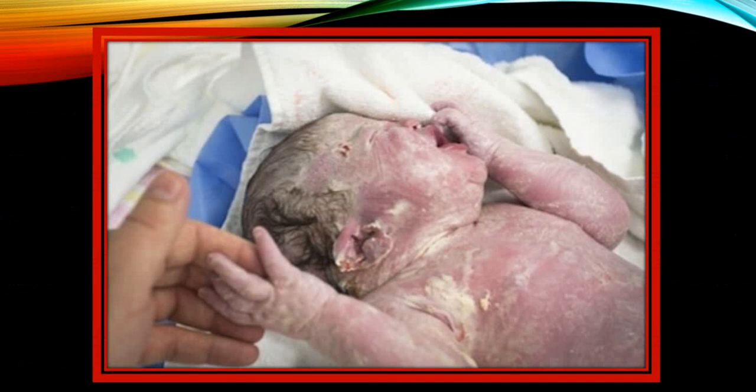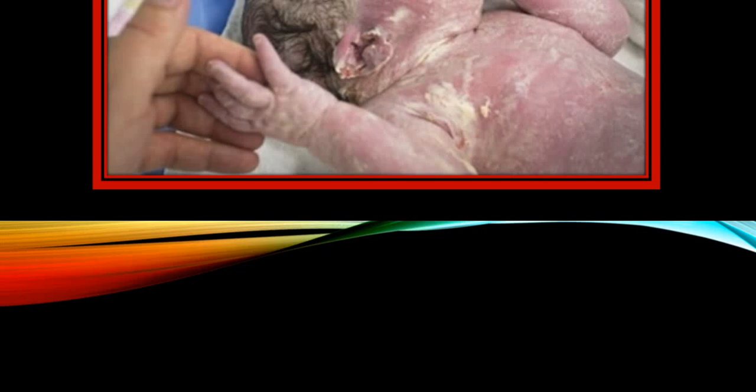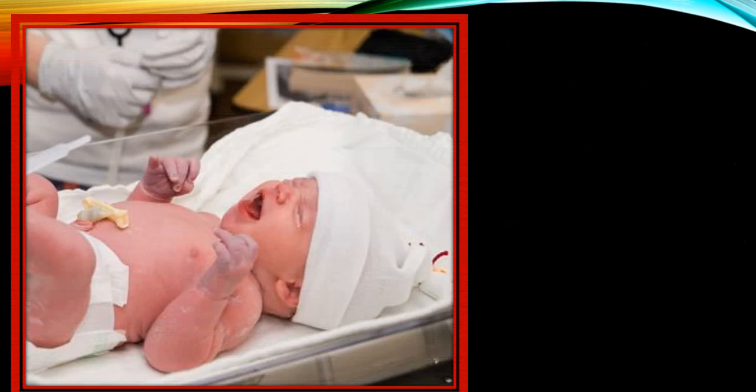This is another picture showing an excessive amount of vernix caseosa for a newly delivered newborn. What we can see in this picture is the difference between the color of the hand and the lip and the tongue. Here is pink, here is blue.